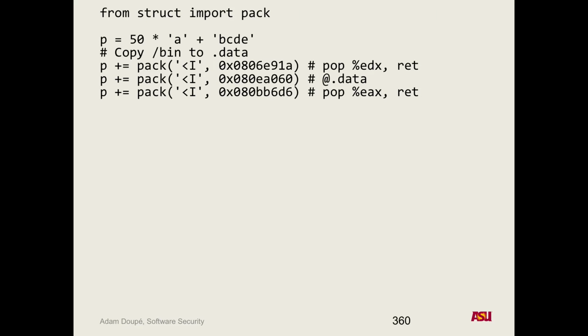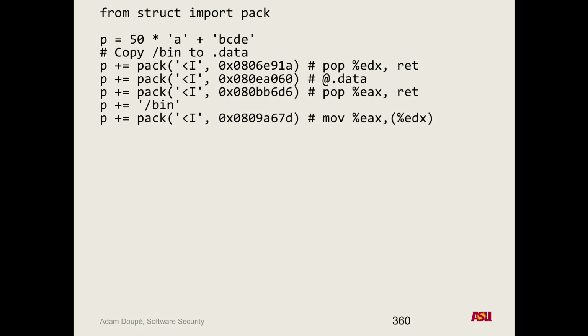Pop EAX. So we want to pop EAX and return, and we want to put the string /bin into EAX. And now we want to go to our write gadget, write what, where. So when this gadget executes, it will move the bytes /bin to the address of .data.